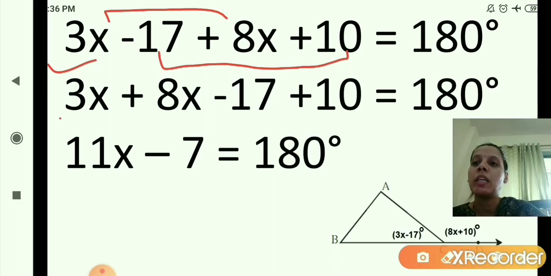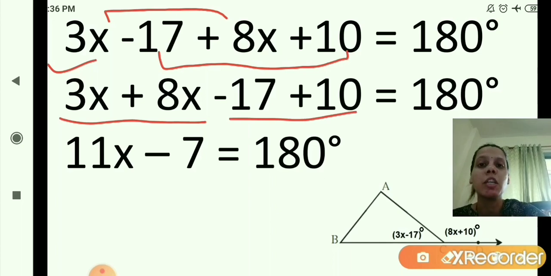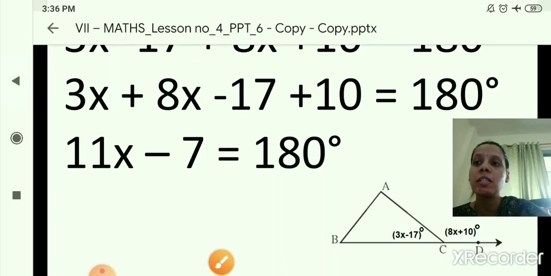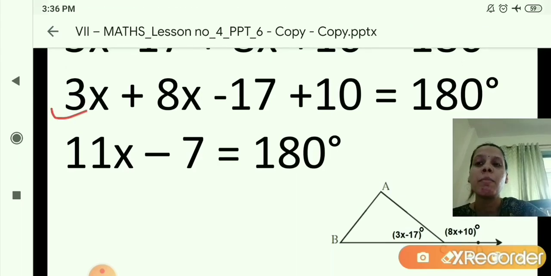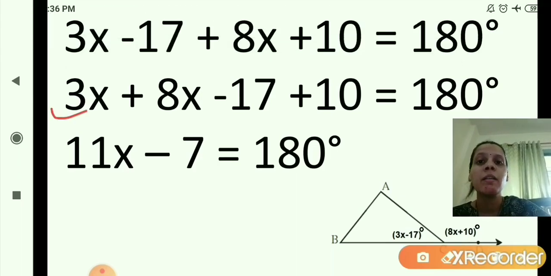So 3x plus 8x and minus 17 plus 10 we will write down together, is equal to 180 degree. Understood? So the next step is 3x plus 8x minus 17 plus 10 is equal to 180 degree.